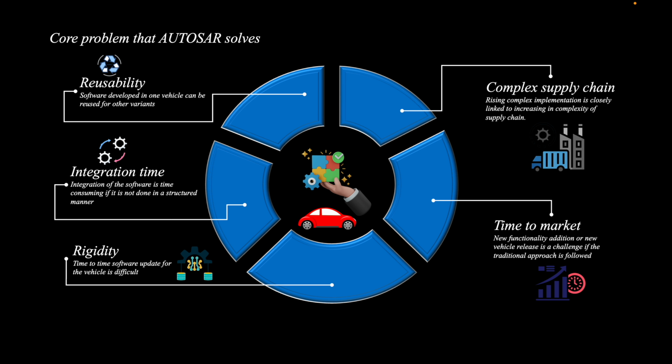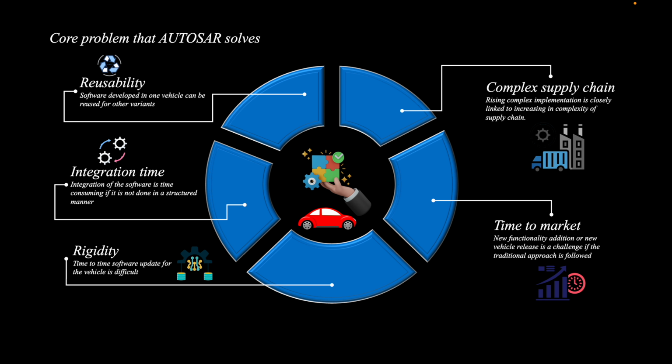In this case, we will go through each conceptual problem individually and see a use case for each problem it solves, so that it will be easier for you to understand what Autosar solves, in which case Autosar will be useful, and how you will be able to solve real world problems with the help of Autosar.